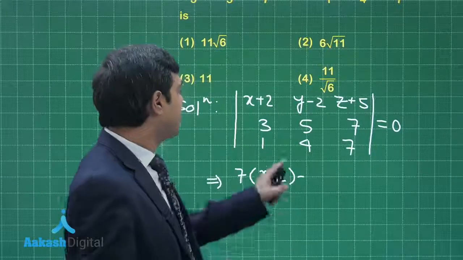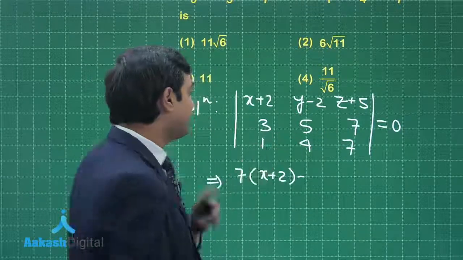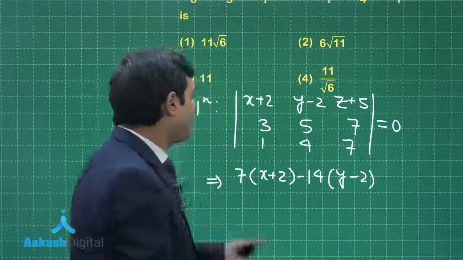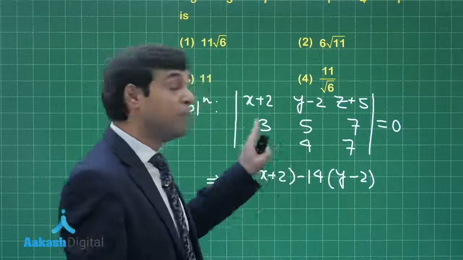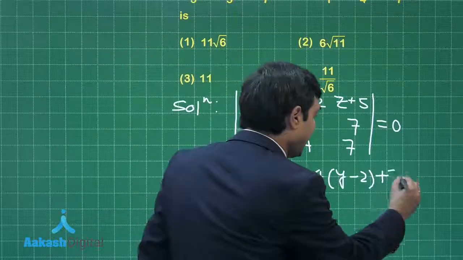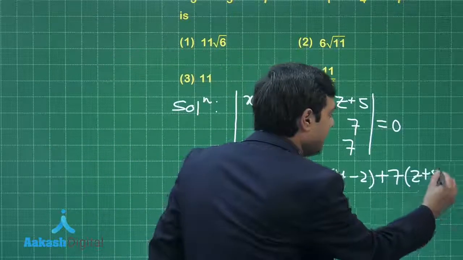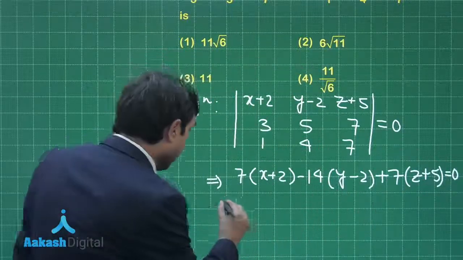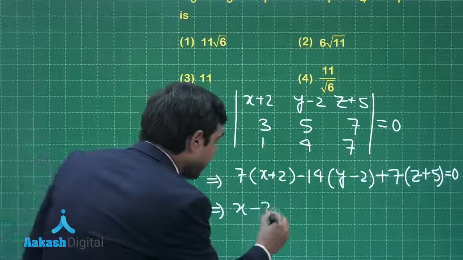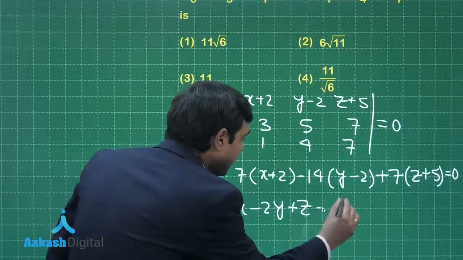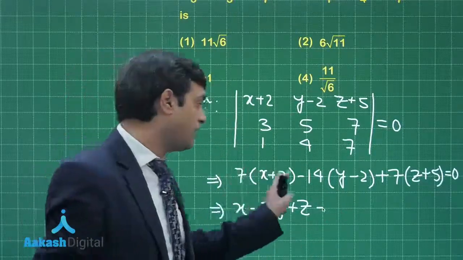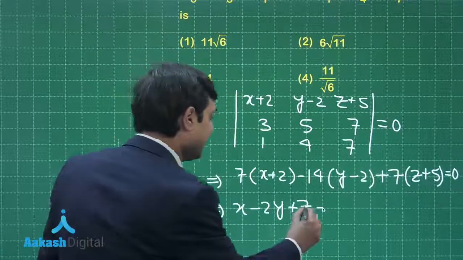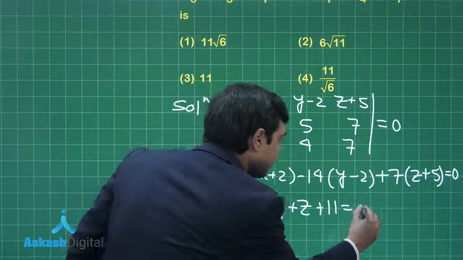Moving ahead, this gives you 21 minus 7, that is 14 times y minus 2. Then you have 12 minus 5, that is plus 7 times z plus 5 is equal to 0. You can divide the entire equation by 7 and rewrite the equation as x minus 2y plus z. Next, the constant term, as you have divided by 7, is 2 plus 4, that is 6, plus 5, that is 11. So, plus 11 is equal to 0.